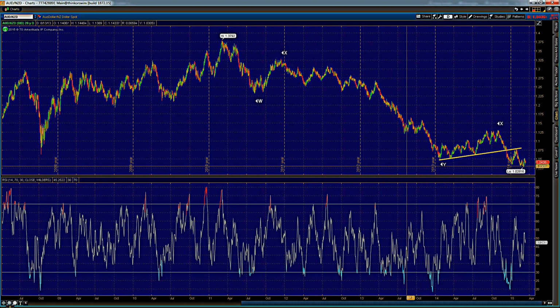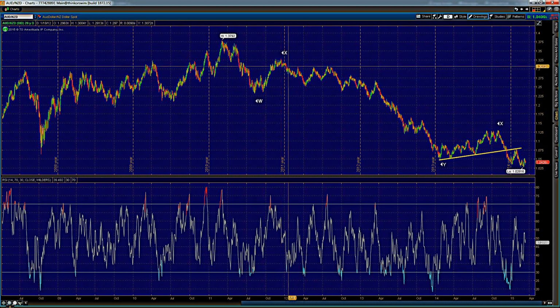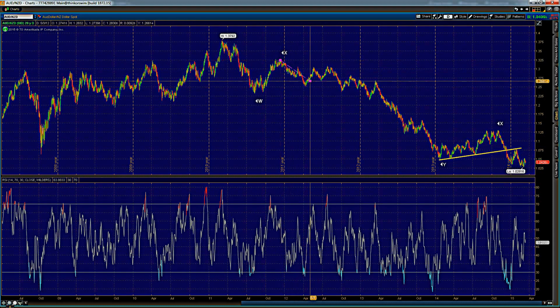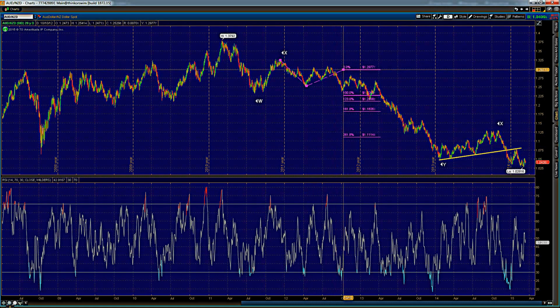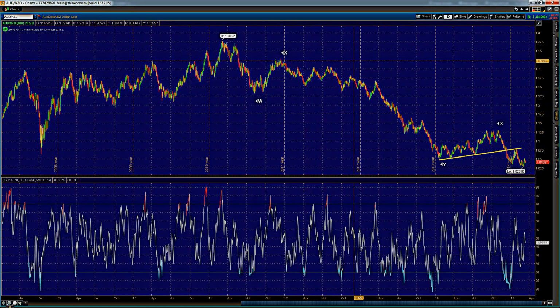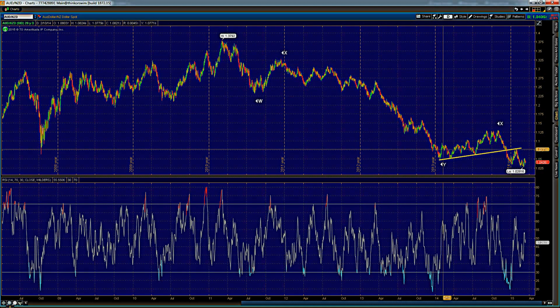This is not 5 waves down just because of the momentum break. Count this W. Nice test to the 123. And then WX here, Y, bigger W, X, and again.